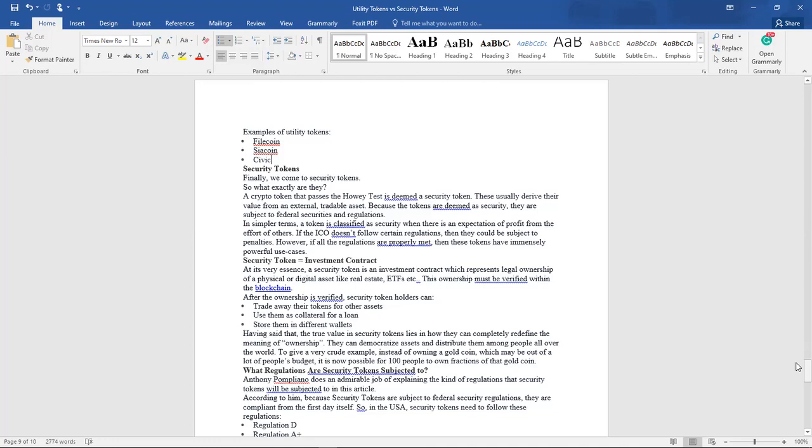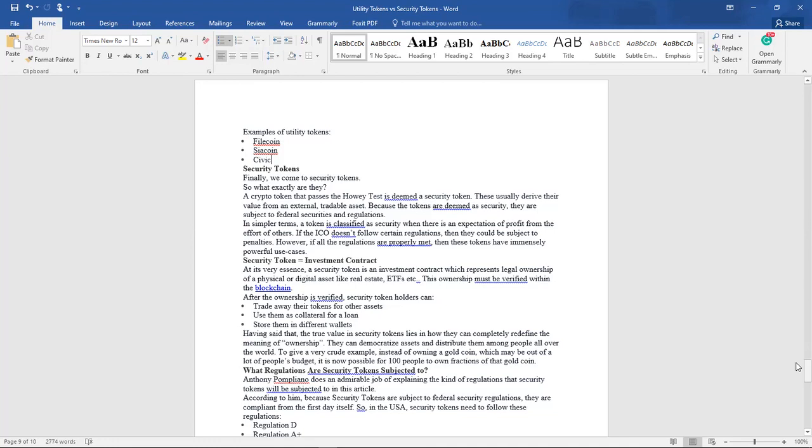So you can actually use security tokens for loans and for exchanging assets. As the name suggests, it's a security, like you need a security for a particular asset.